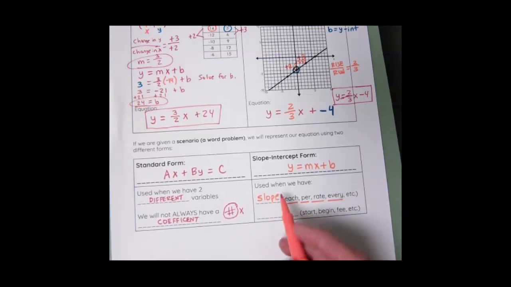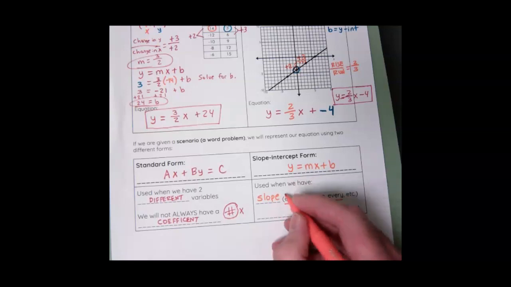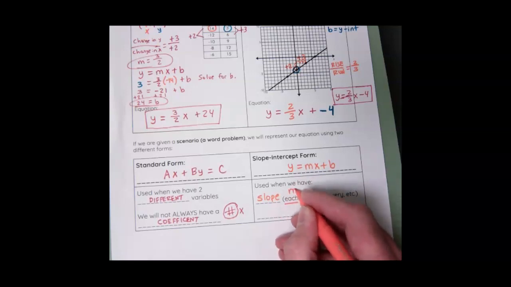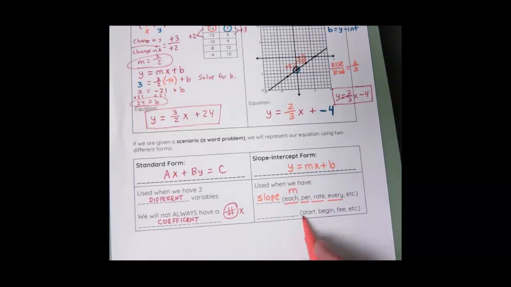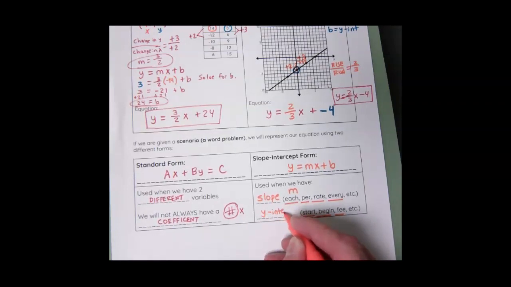So that would be what you would plug in for m. This is your m right here. Start, begin, fee, words like that. Words that mean, what are you starting with? What do you have at the very beginning of this scenario? That is implying y-intercept. Remember, that is your b.